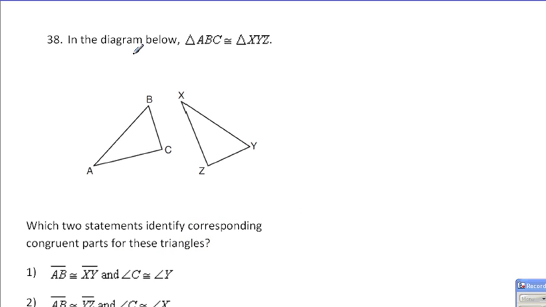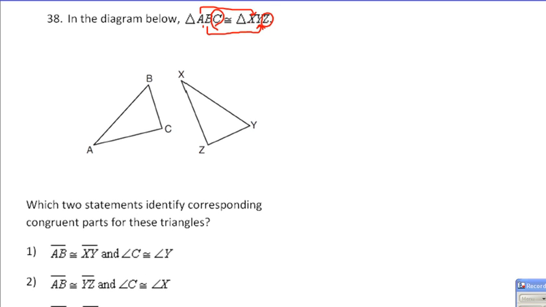All right, let us move on. Here, which two statements identify corresponding congruent parts of these triangles? In this case, what we are assuming is this: A is corresponding to X, B is corresponding to Y, and C is corresponding to Z, in that order.